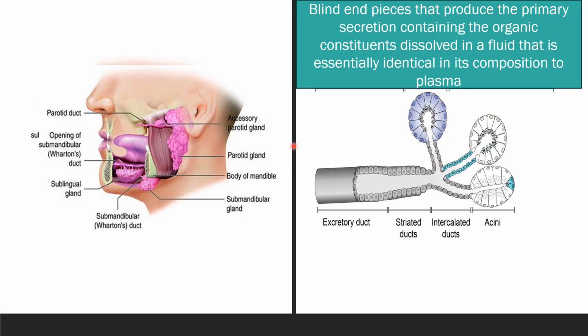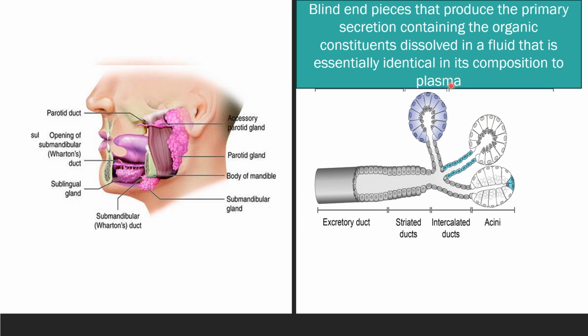Now if we look into the structure of these salivary glands, we will see that they consist of blind end pieces known as acini. These acini produce the primary secretion that contains the organic constituents dissolved in a fluid essentially identical in composition to plasma.